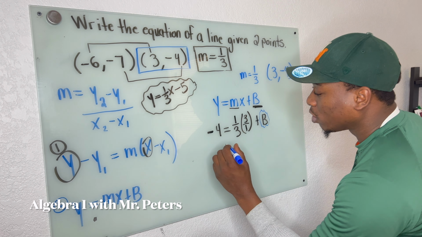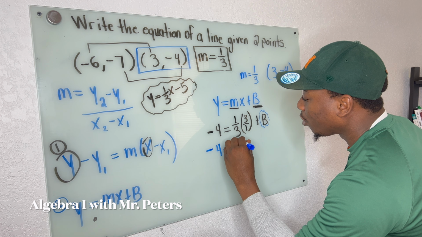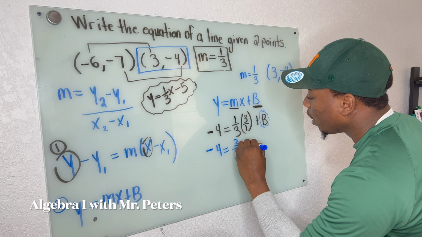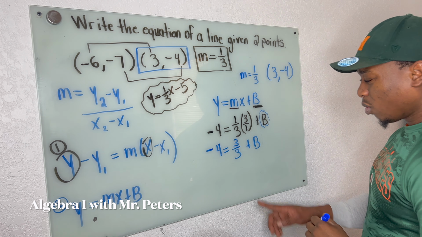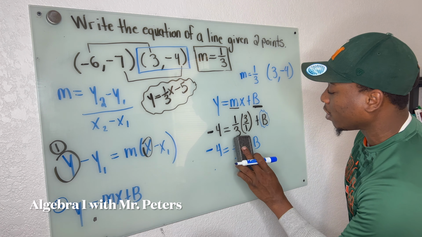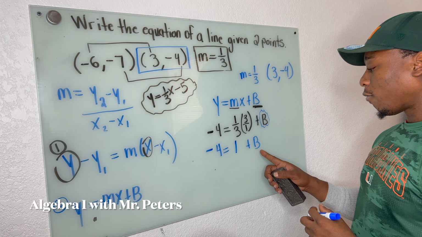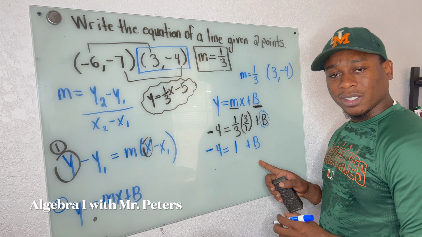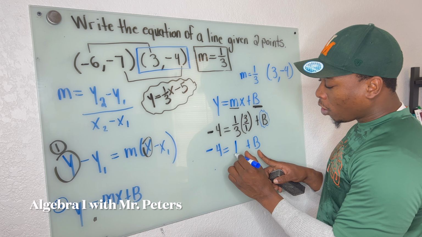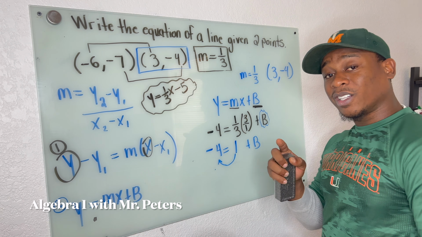All right, so let's go through and solve now. We have -4 is equal to 3/3 plus b. So I'll simplify this just to 1, right? So actually, let's simplify this, erase this. We're going to change this back to 1. And now understand, for us to figure out what b is, meaning get it by itself, we're going to have to maneuver and move +1 to the other side.